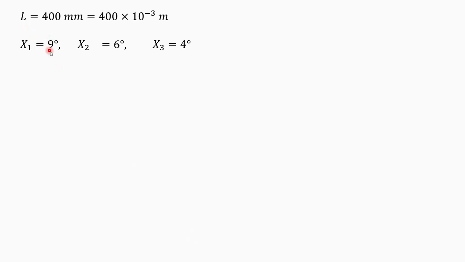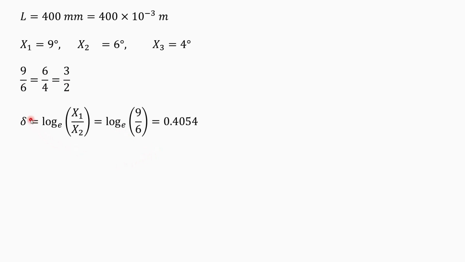Now these are the angular displacements: 9 degree, then it is reduced to 6 degree, then 4 degree. If you take the ratio 9 by 6 divided by 6 by 4, that ratio comes out to be 3 by 2. So the ratio of consecutive amplitudes is the same: 9 by 6 is 3 by 2, 6 by 4 is also 3 by 2.